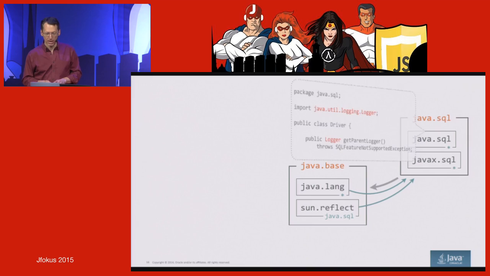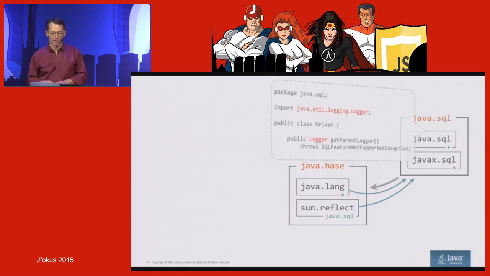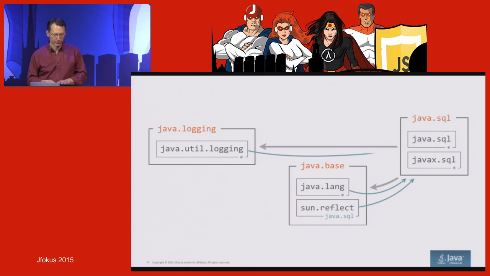Okay. There's some other code in the SQL module that uses everybody's favorite logging API, java.util.logging.Logger. There's a method on driver for whatever reason that will return you a parent logger. So the SQL module, since its public types are using types in the logging module, needs to depend on the logging module.